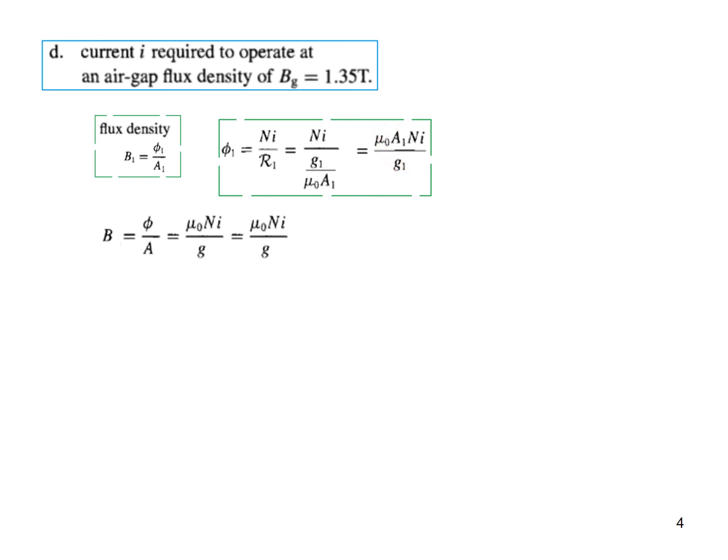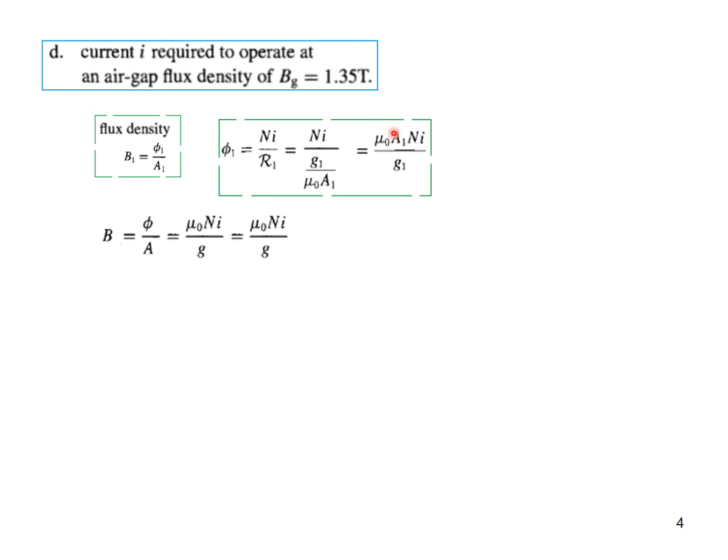So B is flux divided by A, area, and if you put in the value of area here, putting the value of flux divided by area, we'll get this term.